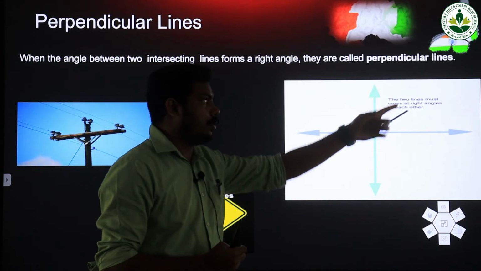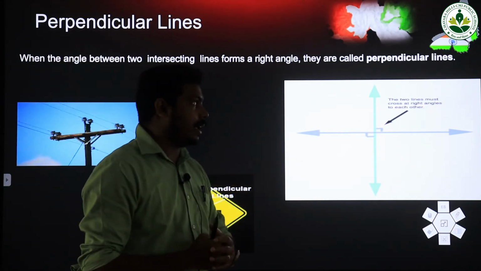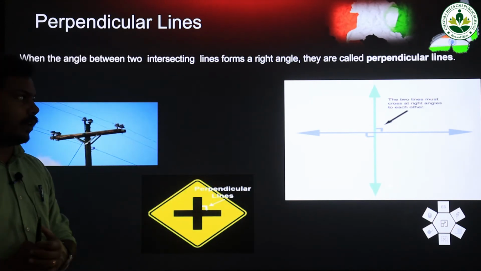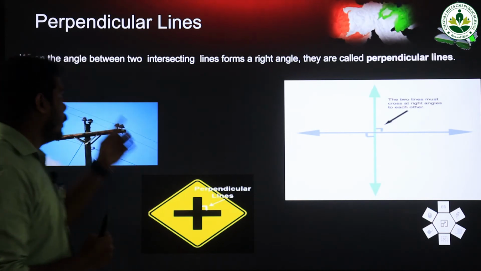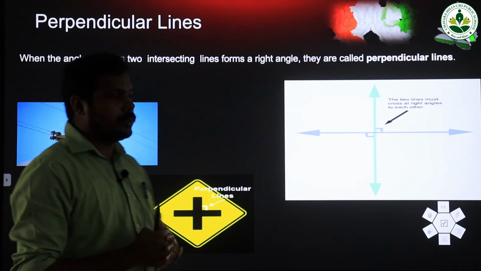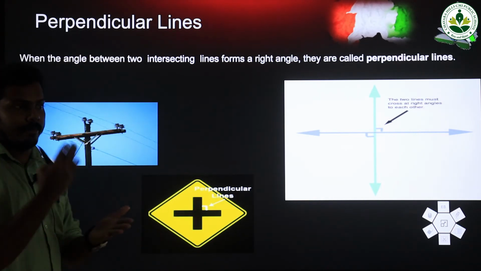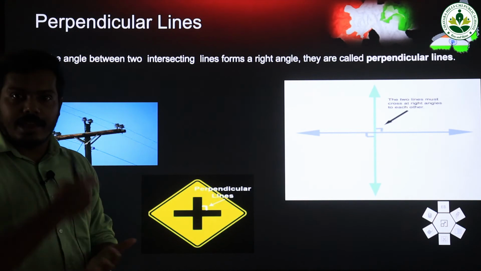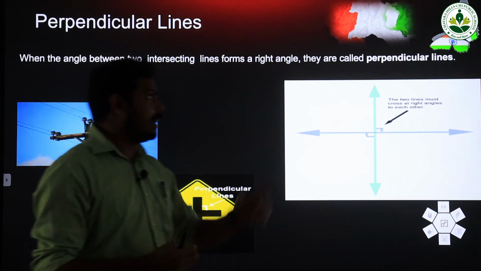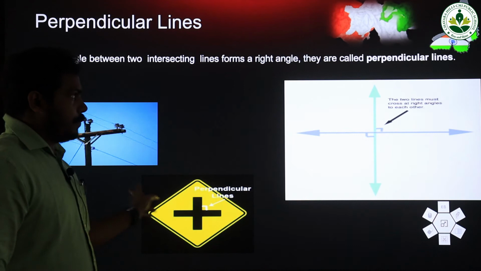Here the two lines cross each other and make a right angle, so they are called perpendicular lines. Right angle means 90 degrees. When the angle between the two lines is 90 degrees, they are called perpendicular lines.